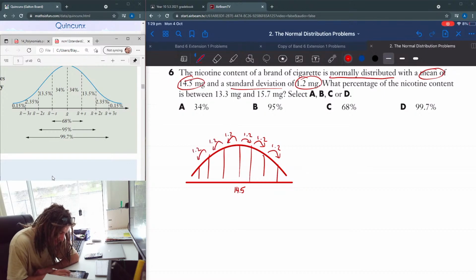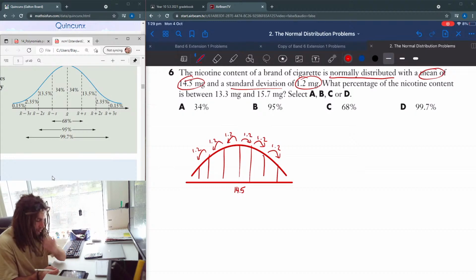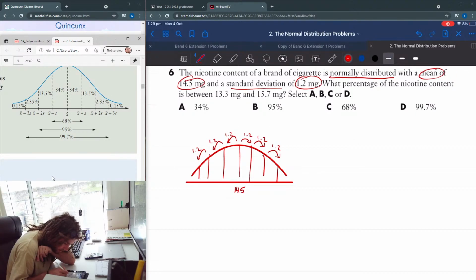Okay, I'm looking for 13.3. Where's that going to be? Well, let's just fill them in. This will be 15.6, 16.7. Have I stuffed that up? Yeah, I have. 15.7, 16.9, and then 18. 13.3.